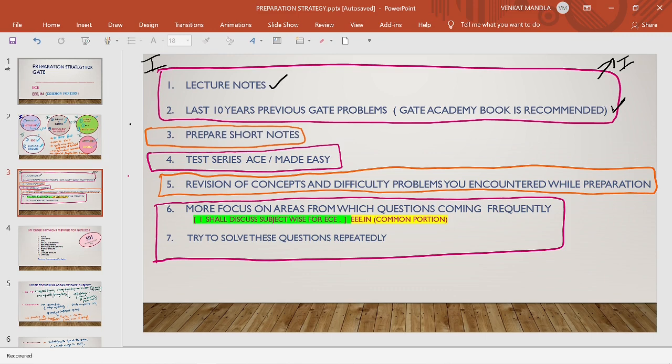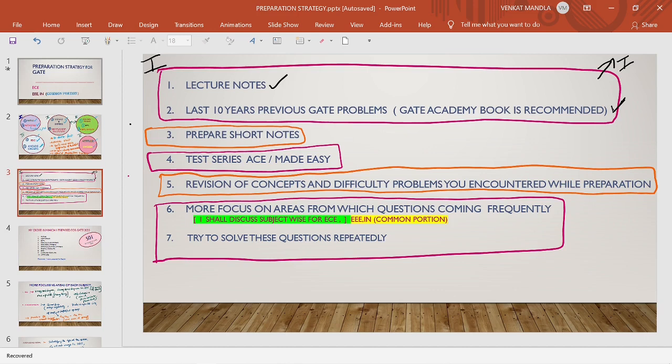In the first block, you're reading the lecture notes and solving problems. If you prepare your short notes at the time of reading, you always try to put everything in your short notes. Whatever is in the lecture notes, you try to put all of it in the short notes. So this becomes another lecture notes for you. It is nowhere near short notes.